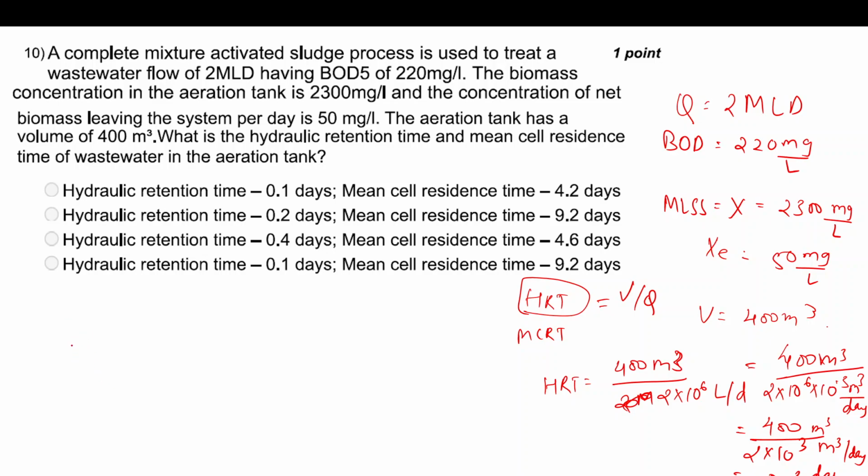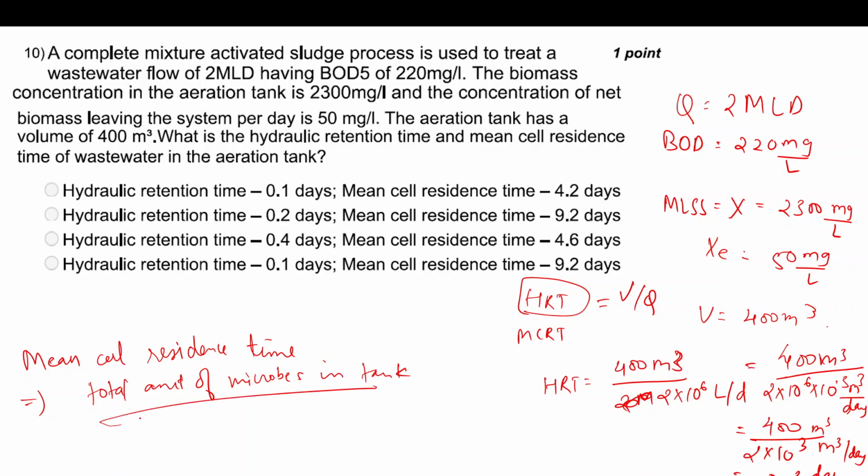Okay. Now coming to mean cell residence time. Mean cell residence time is nothing but the total amount of sludge or microbes in the tank divided by the total amount leaving.